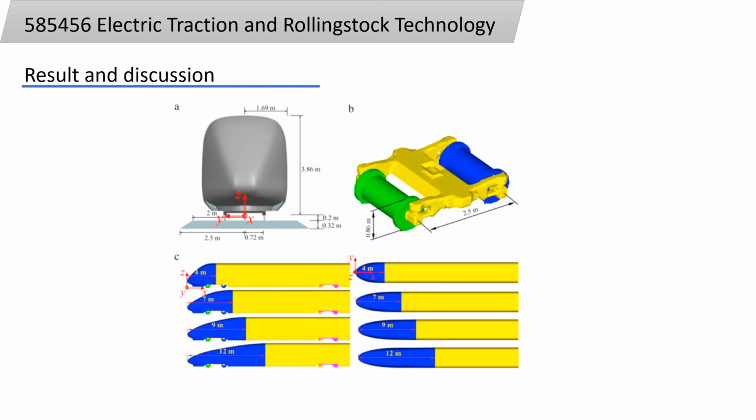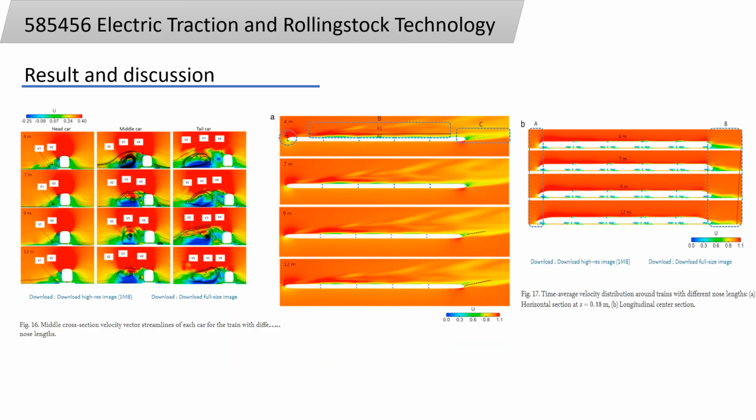This figure is adopted from a research study about train travel in a tunnel with different nose lengths: 4 meter, 7 meter, 9 meter, and 12 meter. These figures are the results of the simulation for the different nose lengths of 4, 7, 9, and 12 meter.